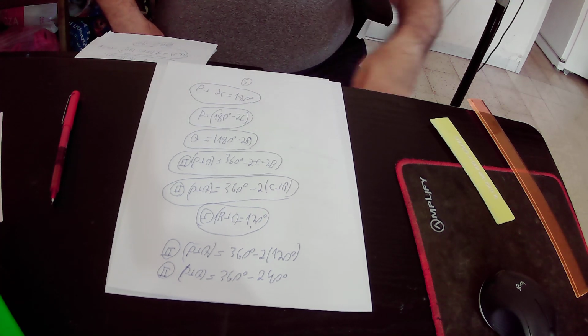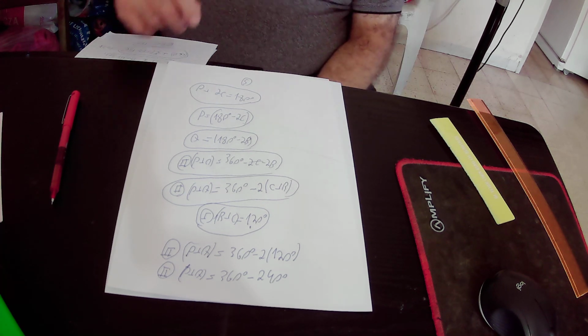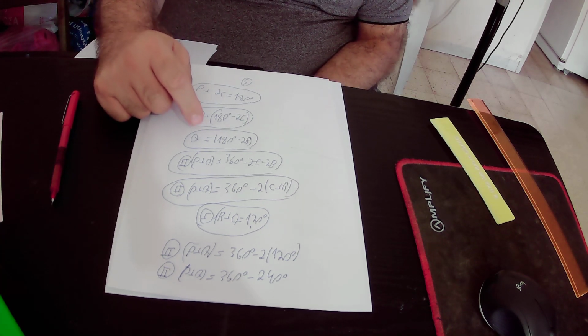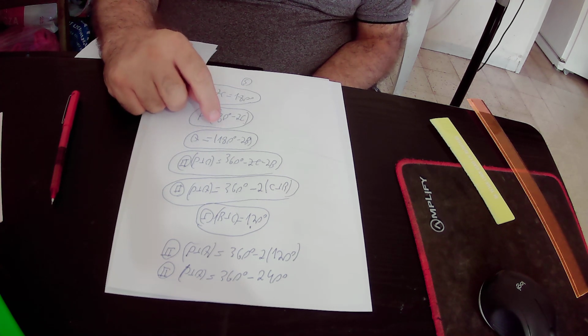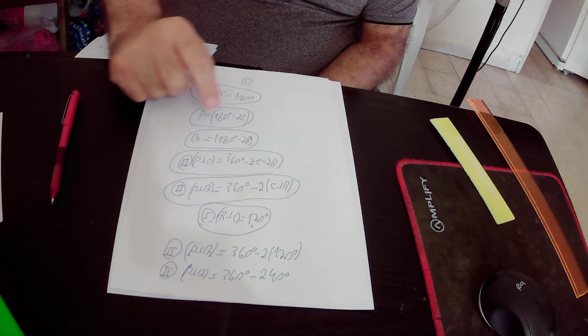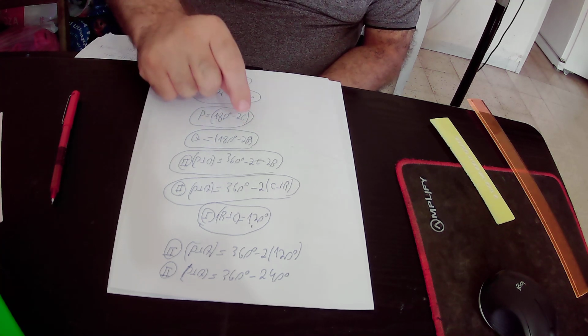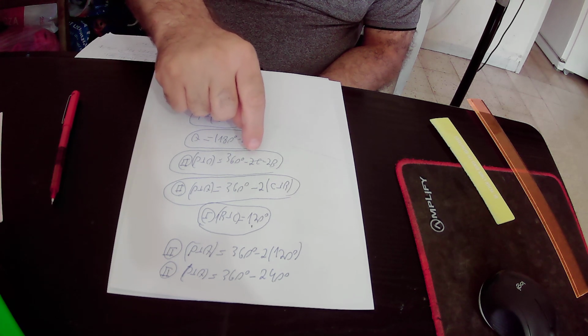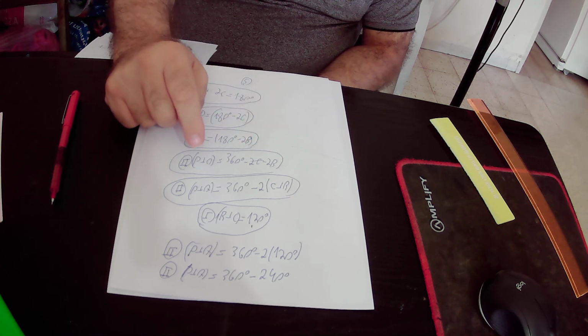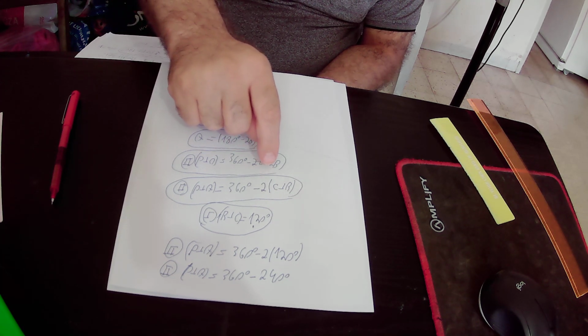We added P to Q and got that P plus Q equals 180 degrees plus 180 degrees, which is 360 degrees, minus 2C minus 2B. Then we took out the common factor minus 2 from this expression, and got that P plus Q equals 360 degrees minus 2 times (C plus B).